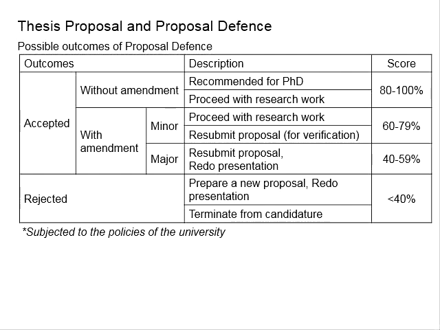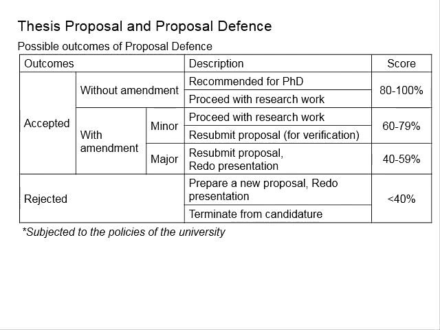If any lackings are found in your proposal, normally the examiner will request for amendment. It depends on the conditions of amendment, whether they are going to be minor or major. If a major amendment is involved, you will need to resubmit the proposal and redo the presentation.